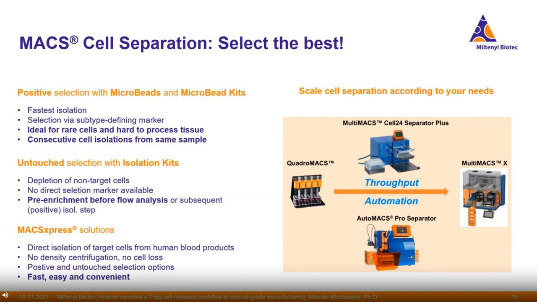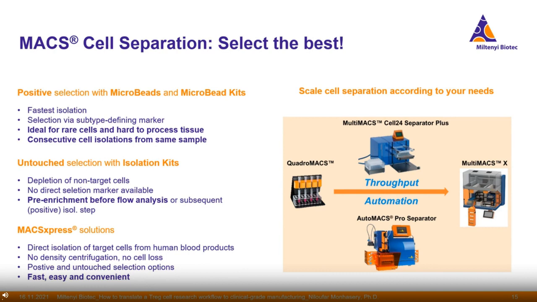Here you are, MACS Cell Separation. Select the best. We are offering you a wide variety of products. For example, for positive selection, which is really ideal for rare cells and hard to process tissues. Or untouched selection with isolation kits. That is really a good approach for pre-enrichment before flow analysis or subsequent positive selection.